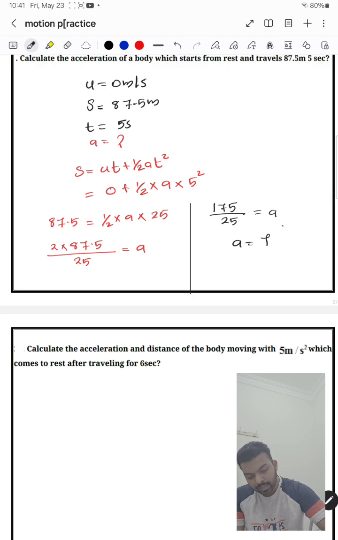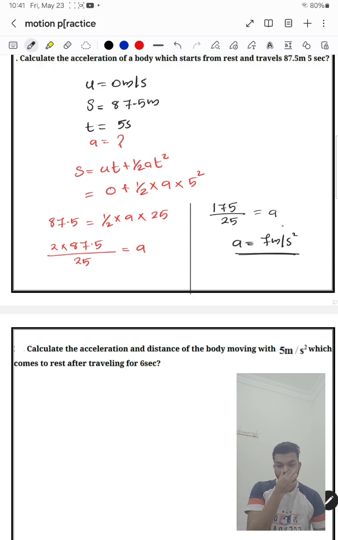Acceleration is equal to 7 meter per second square. And mostly you will get questions based on easily cancelable values or multiples only. They will not give too many questions based on non-cancelable values. Okay, so here is the answer. Hope this is okay for you.